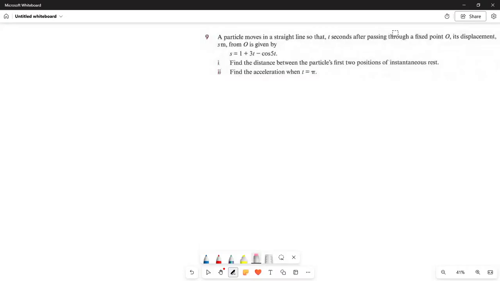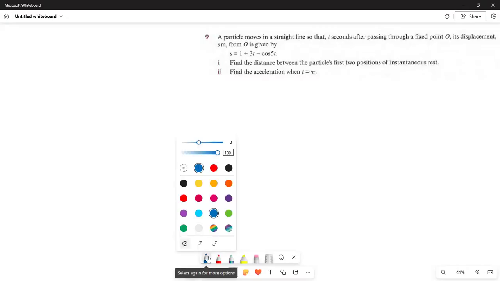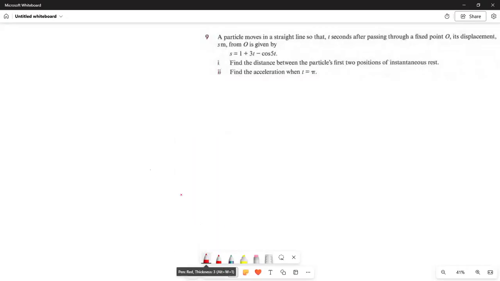Okay, so the question is: a particle moves in a straight line so that t seconds after passing through this point, its displacement at any given time is given by 1 plus 3t minus cos of 5t.